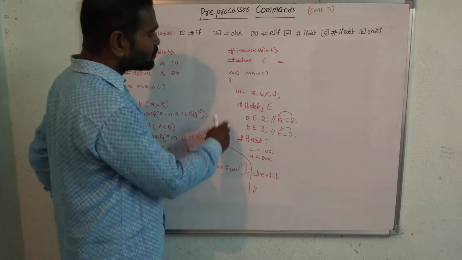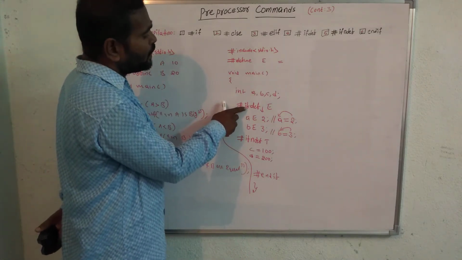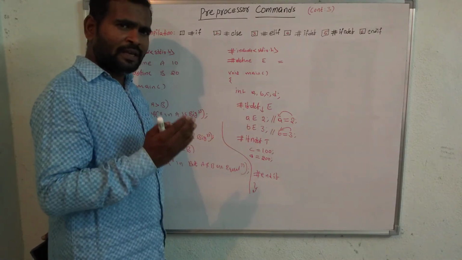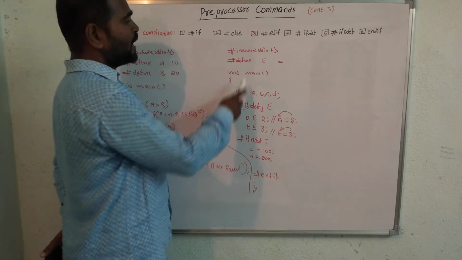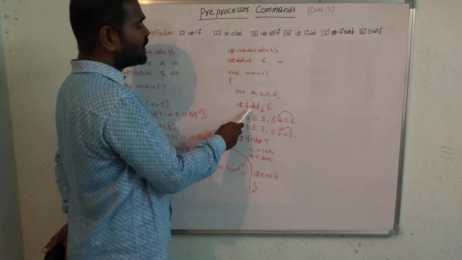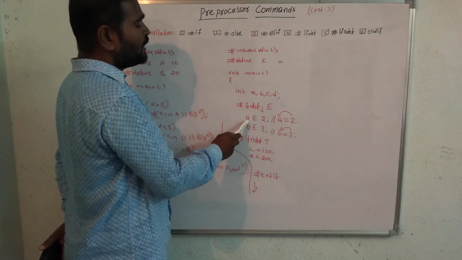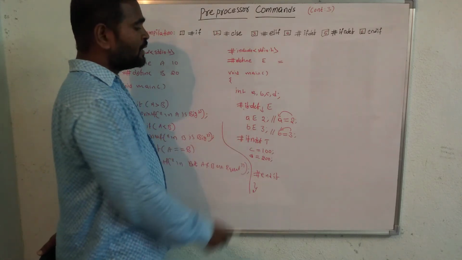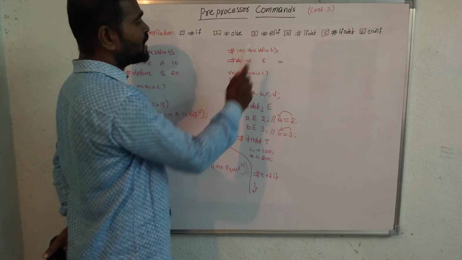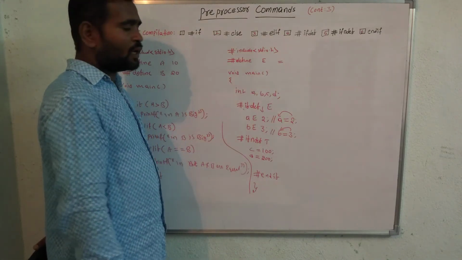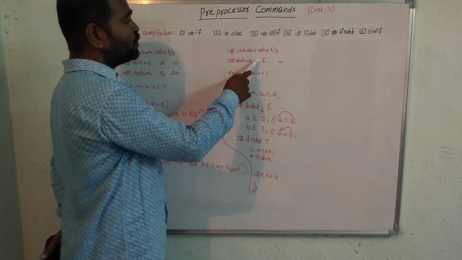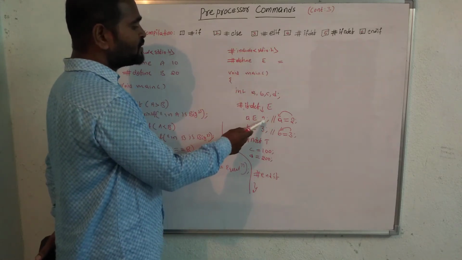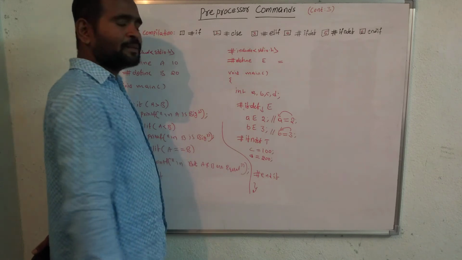Please see here. #ifdef E: did you define E? Yes or no? Yes, I defined E. So then only this condition is true, then this type of statements are accepted. Why? This E equivalent meaning is an assignment statement. So if you define E as an assignment statement, at that time these kinds of statements are acceptable.